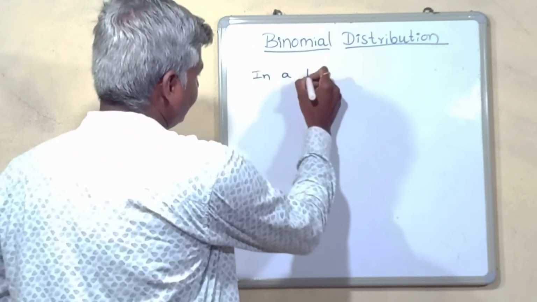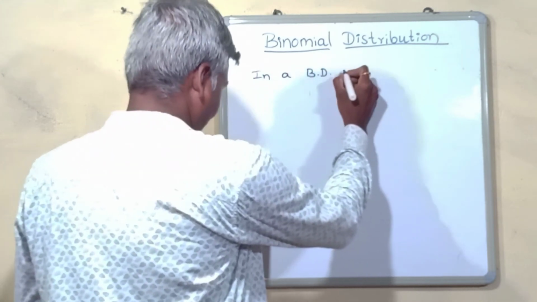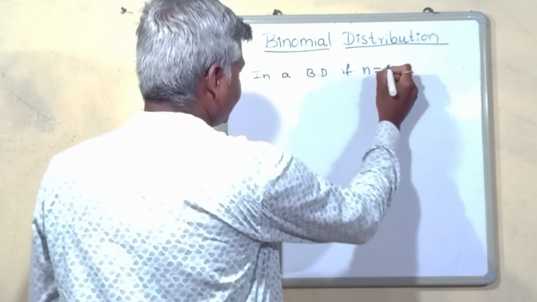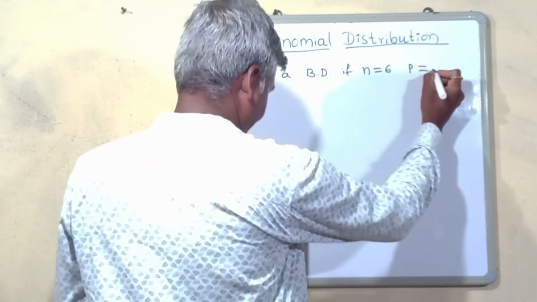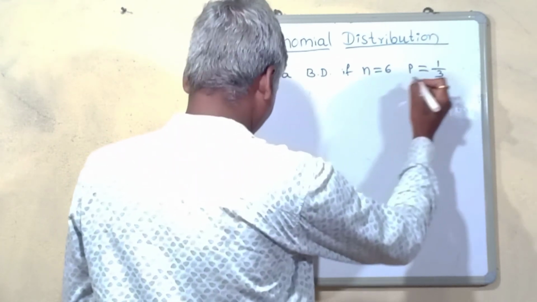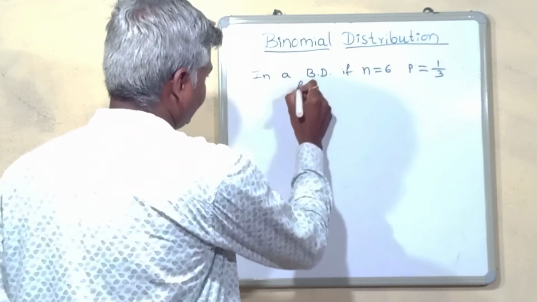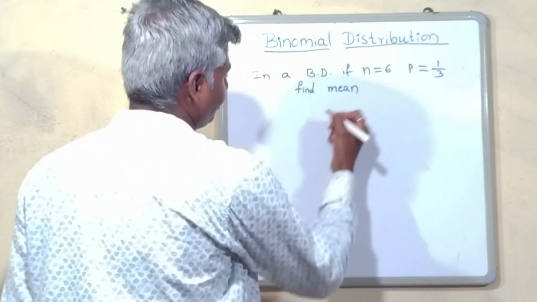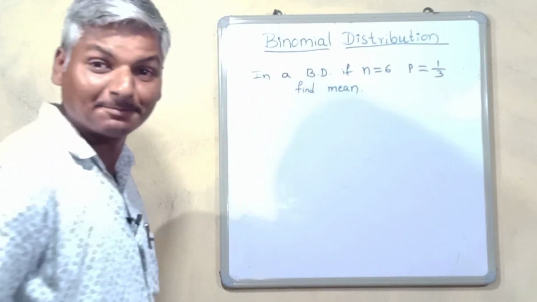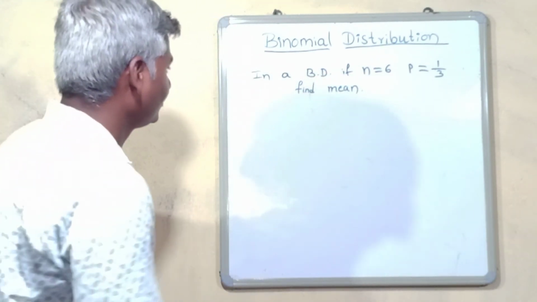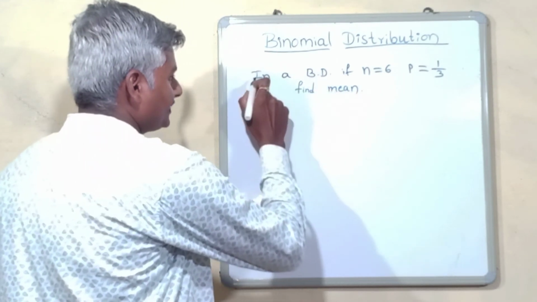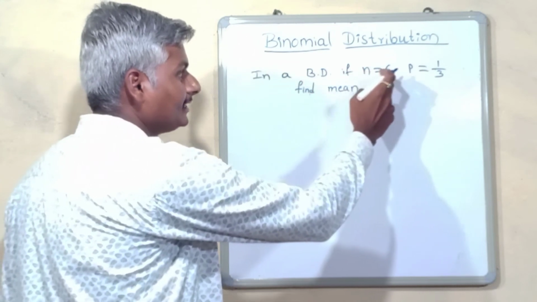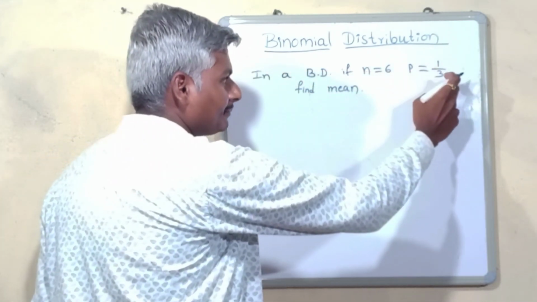In a binomial distribution, if n equals 6, p equals 1 by 3, find the mean. It is a very simple problem. They will ask for 2 marks.